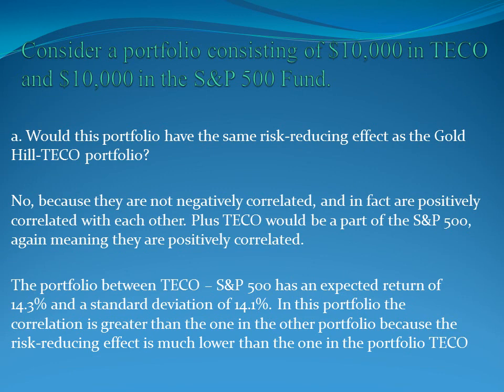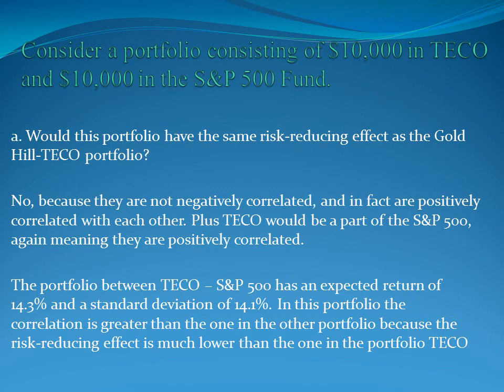Now consider a portfolio consisting of 10,000 in TICO and 10,000 in the S&P 500 fund. Will this portfolio have the same risk-reducing effect as Gold Hill TICO portfolio? The answer is no, it wouldn't, because they are not negatively correlated. They are in fact positively correlated with each other. Plus TICO would be a part of the S&P 500 again, meaning that there's a positive correlation.